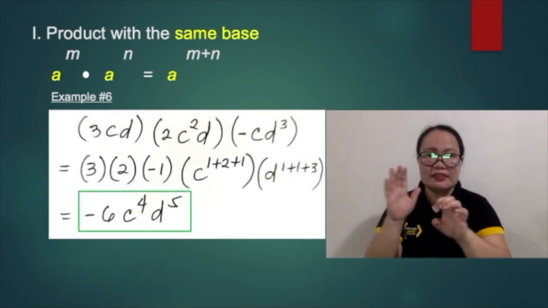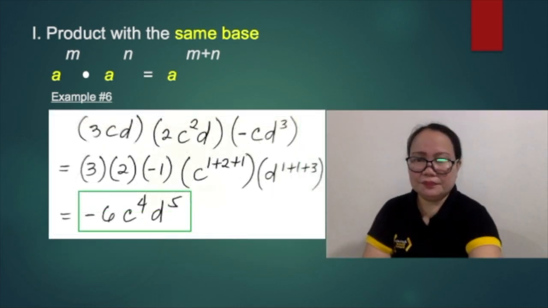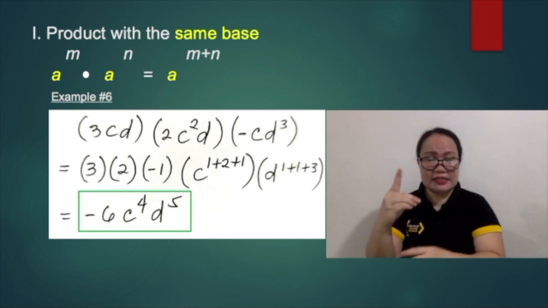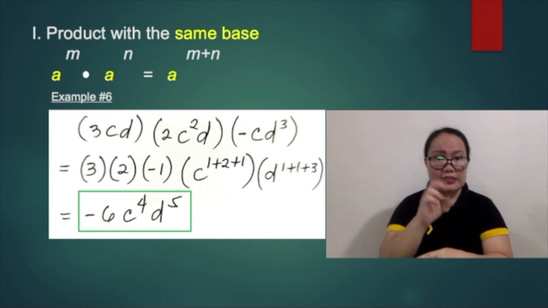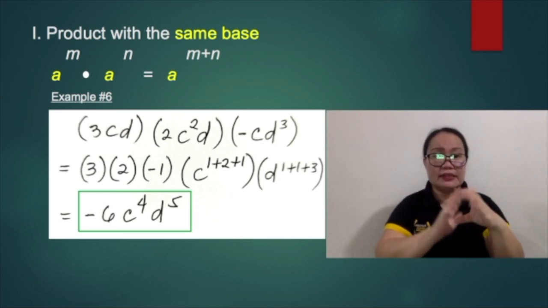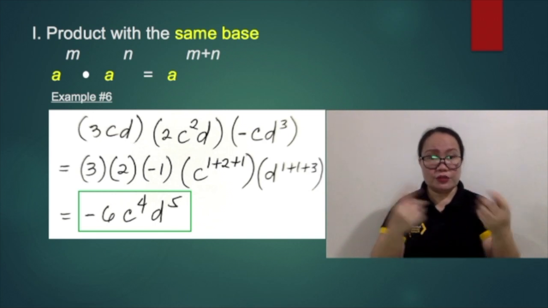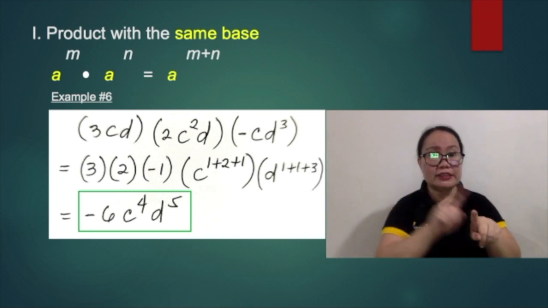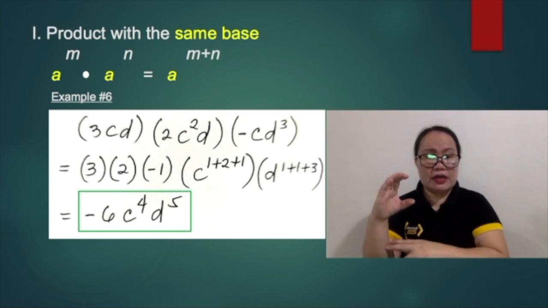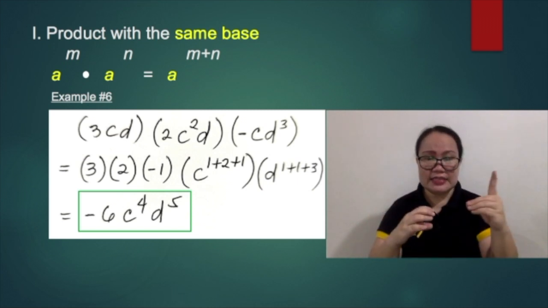For the next example, 3cd times 2c squared d times negative cd cubed. So this time we have different variables which are c and d.